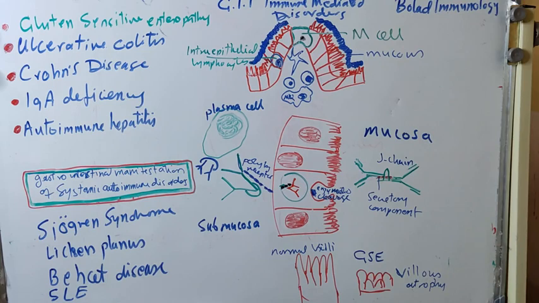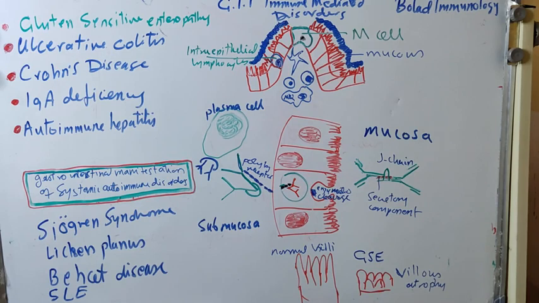And now I'm going to talk about an autoimmune disorder resulting from sensitivity to eating gluten, which is present in wheat, barley, and rye.